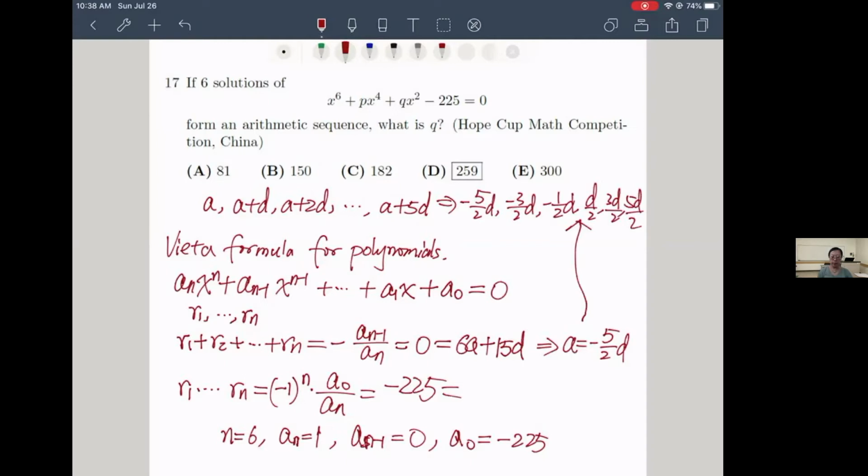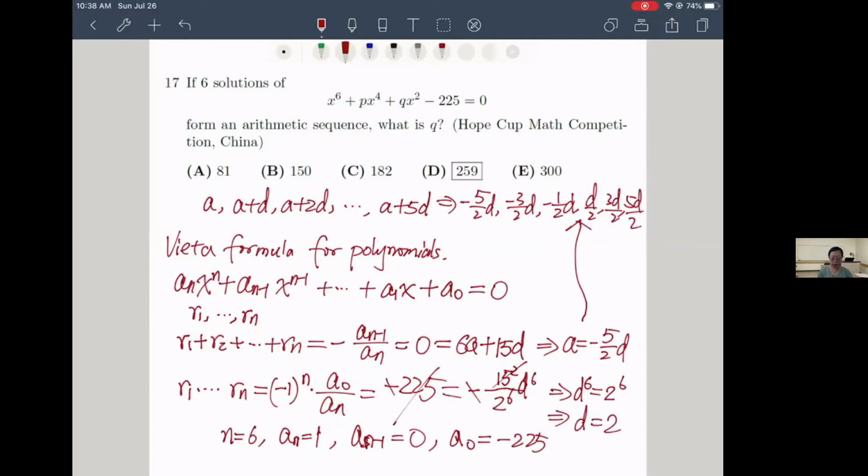If we multiply them together, we have 3 negatives, so it's negative, and then we have 15 squared over 2 to the 6, D to the 6. From the second equation, we cancel 2 to the 5, we cancel the negative. That tells us that D to the 6 equals 2 to the 6, which means that D is 2, right?